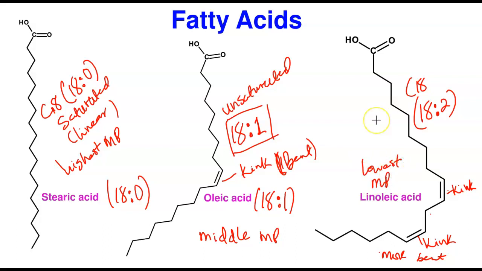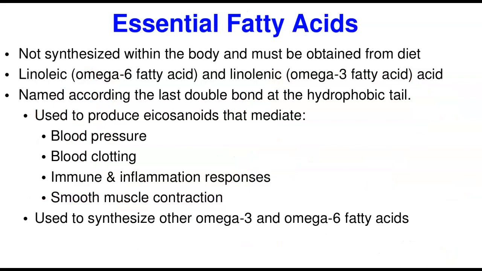The reason is because it has two double bonds. So the higher the number of double bonds, the lower the melting point of the fatty acid, and the more fluid they become.